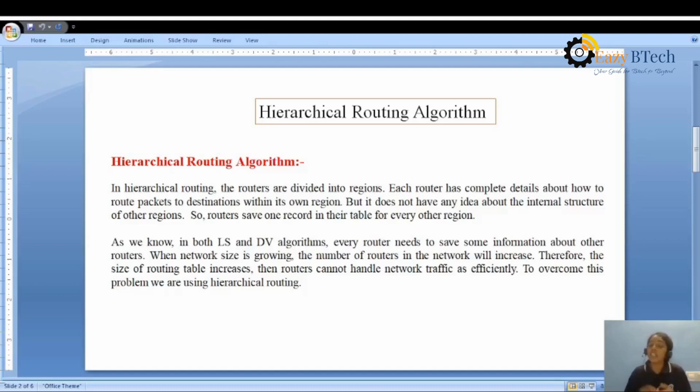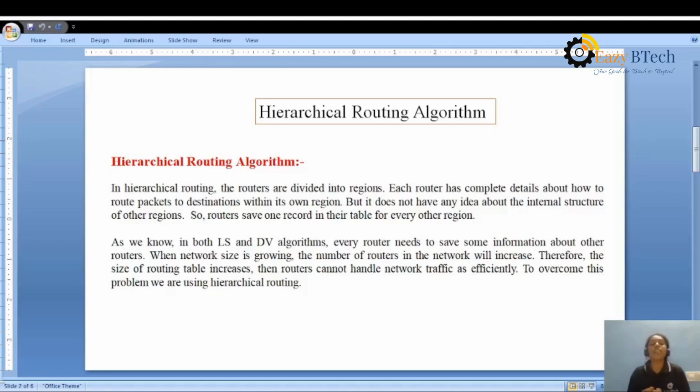The routers maintain the details and information about the packets, the routes and the devices in one routing table. For larger networks, it is quite difficult to handle.